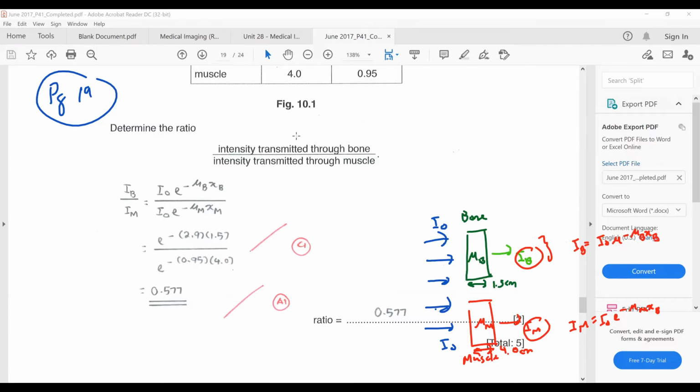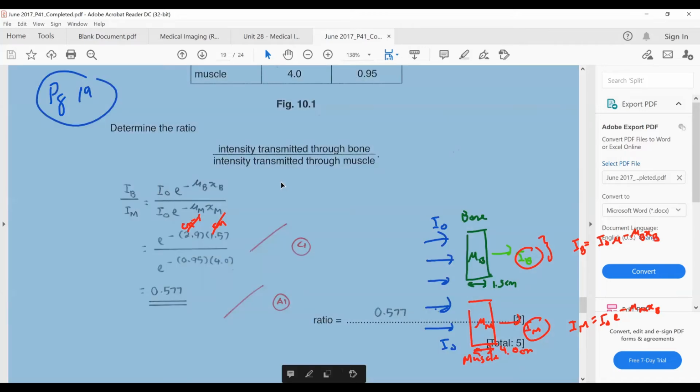Now there's no need for you to change the units for mu and x because they're both in centimeter. x was in centimeter, mu is per centimeter. They will cancel each other off, so there's no need to change the units. All right, so you should get your answer eventually as 0.557. Okay, the I naught is the same, so they will cancel off. You don't need to know the value of I naught.